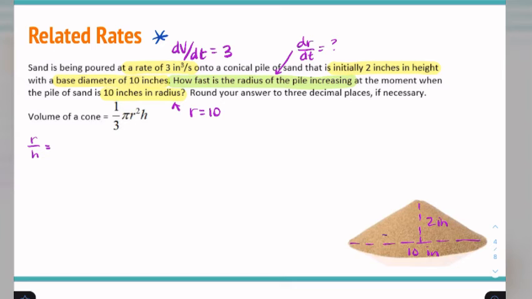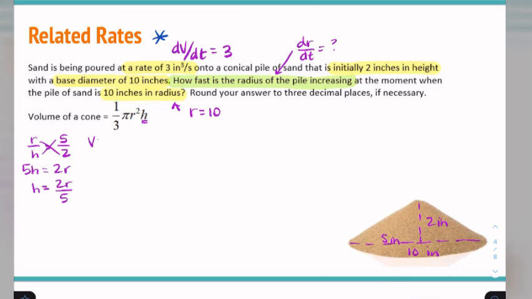So my radius here is 5, so that's going to be 5 over 2. Now I need to solve for h so that everything's in terms of r. When I cross multiply, that's going to give me 5h equals 2r. So h is going to be 2r over 5.